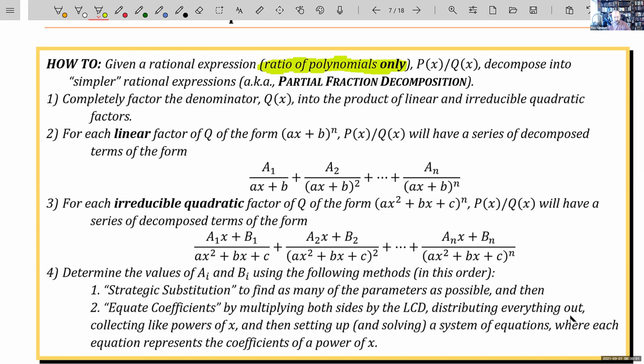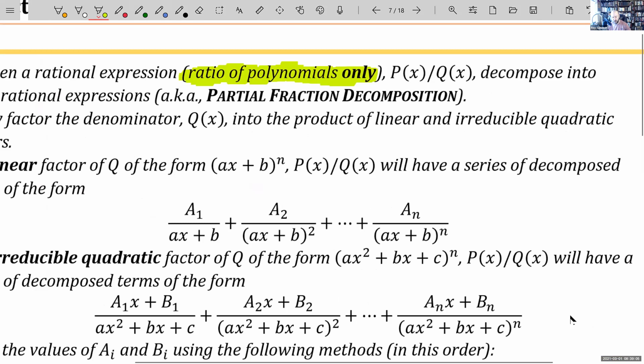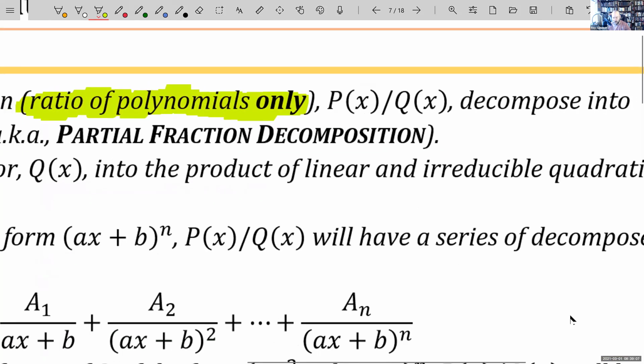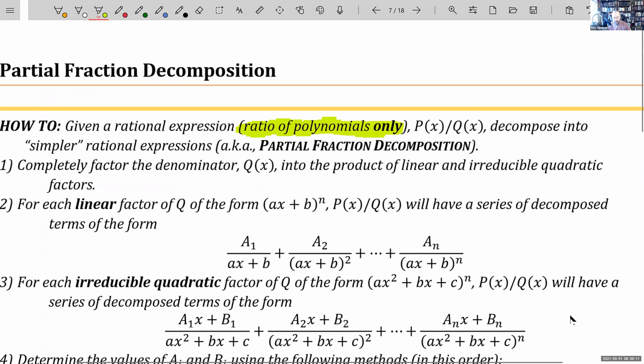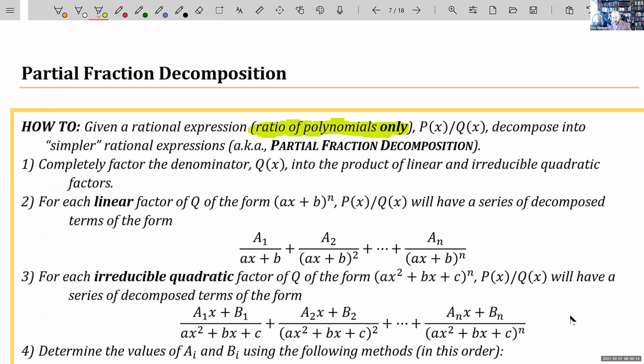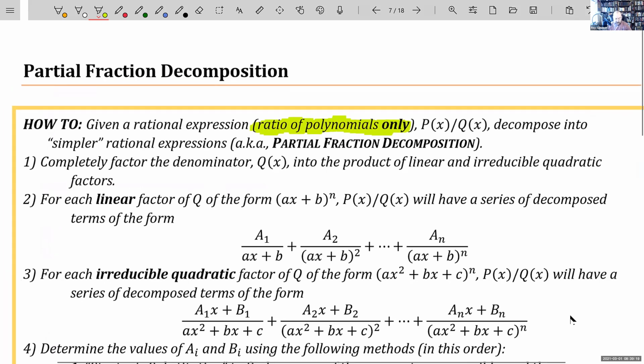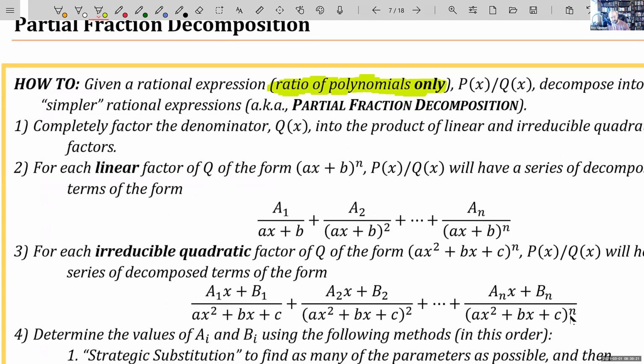That doesn't work. So given a rational expression, a ratio of polynomials only, p of x over q of x, we want to decompose that into simpler rational expressions. This is also known as partial fraction decomposition. So the first step, completely factor the denominator. That's step one. Just do that.